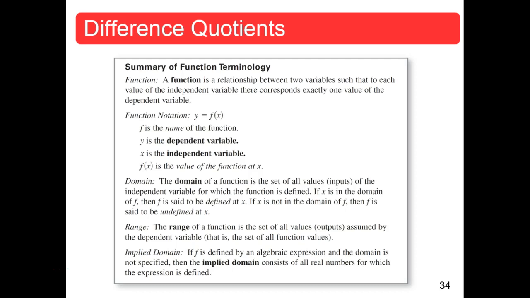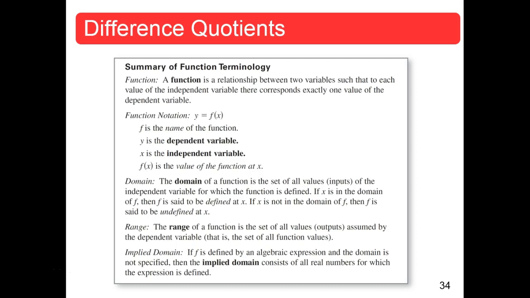The domain of the function is the set of all the inputs, all the values that you can put in for the independent variable, in this case x, for which the function is defined. So you have to pay attention to that and make sure there are no places where it's not defined. If x is in the domain of f, then f is said to be defined at x.